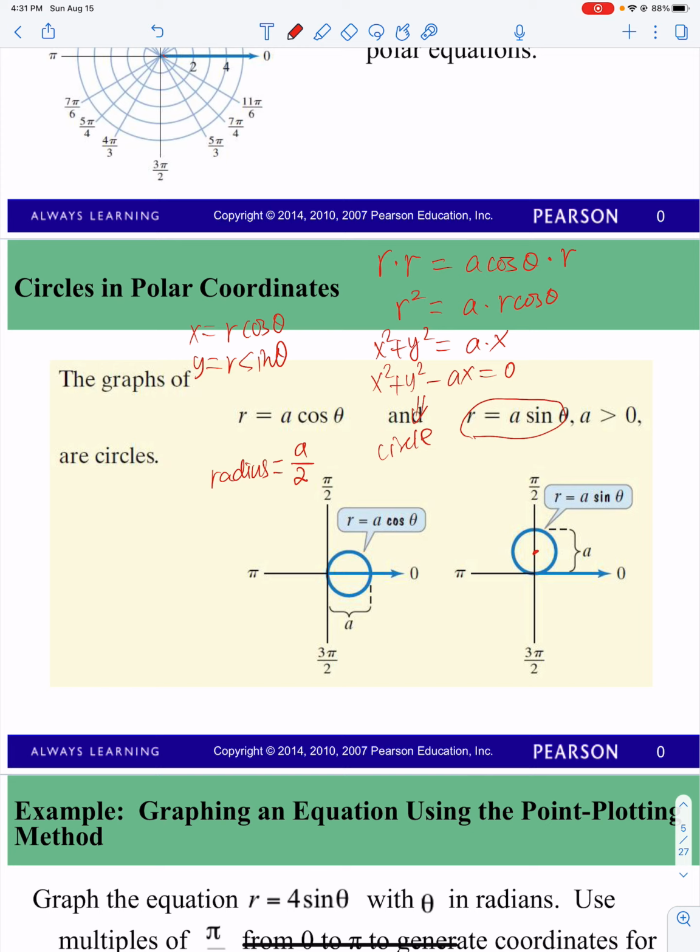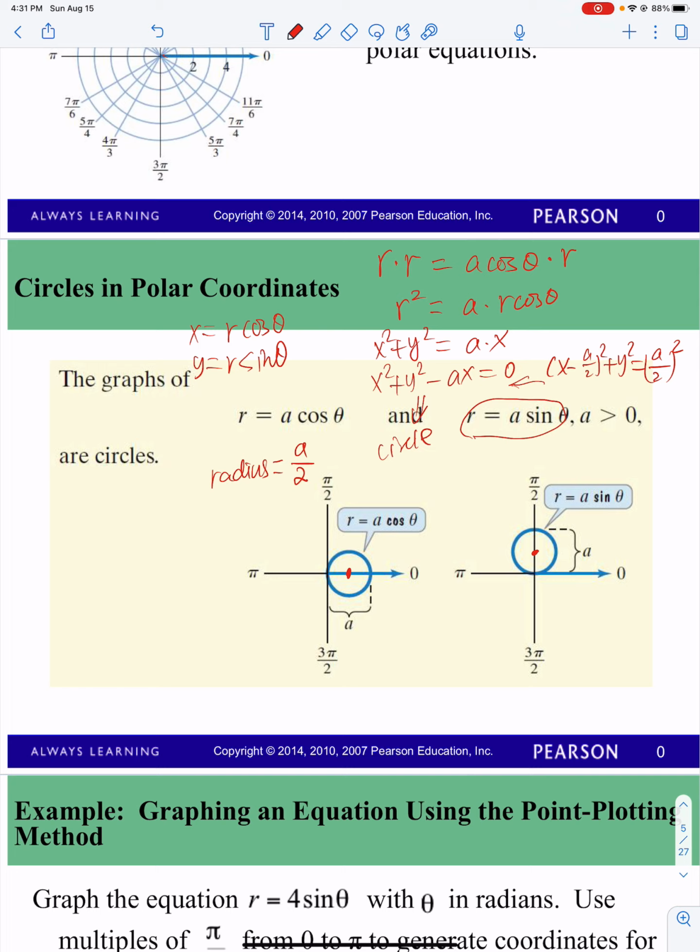Because you can complete the square, it will be x minus a over 2 squared plus y squared equal to what? a over 2 squared. So this is why you have the center here. And similarly, you will have the center right here.